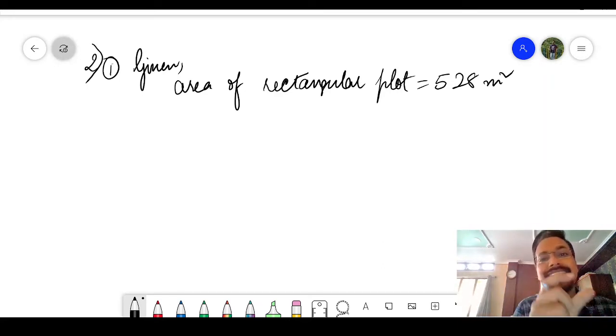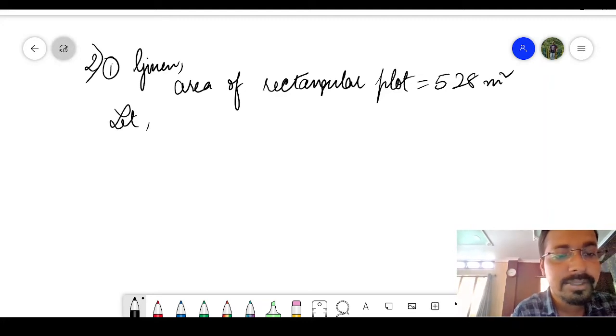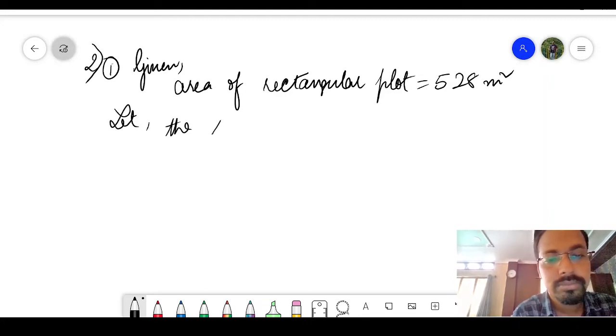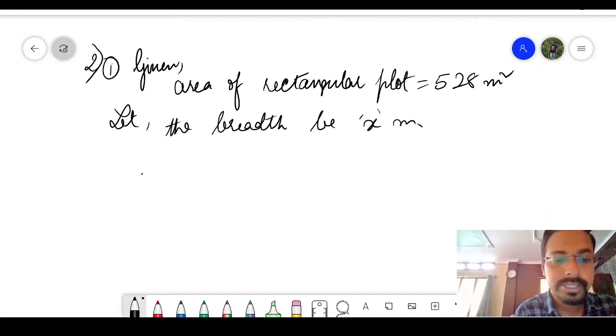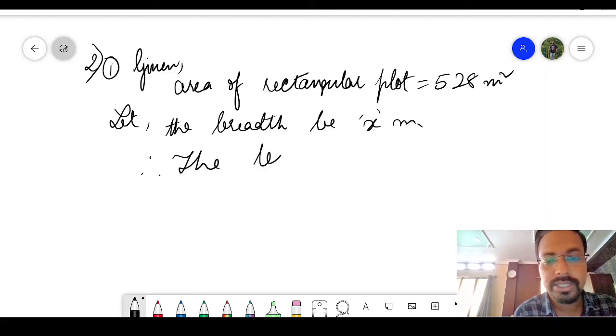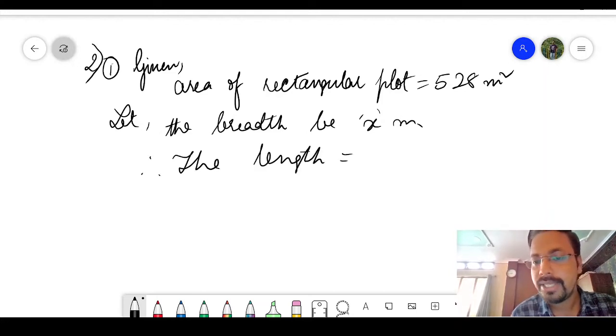The length of the plot is one more than twice the breadth. That means the length has been mentioned in terms of the breadth. So what we will do, let the breadth be x meter. Therefore, the length is one more than twice the breadth.